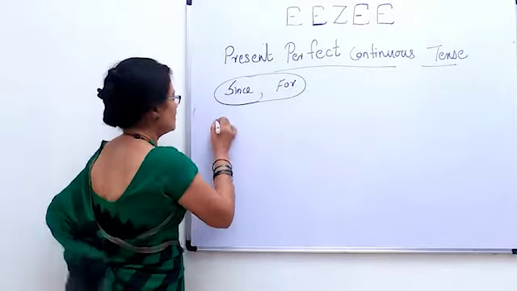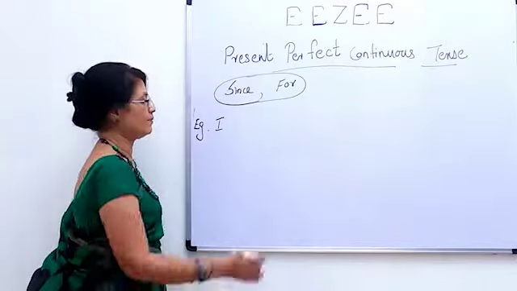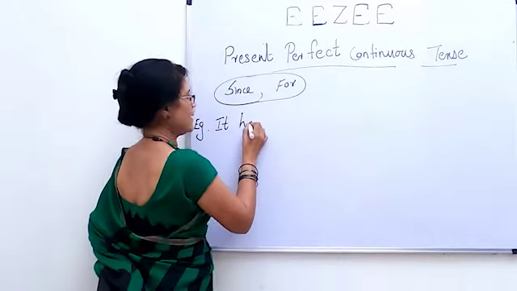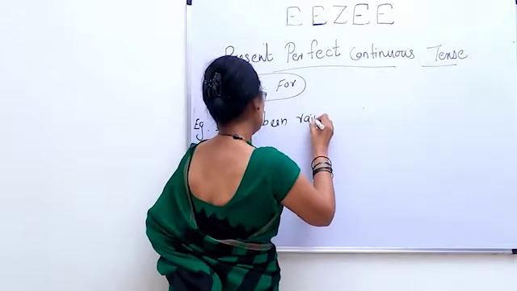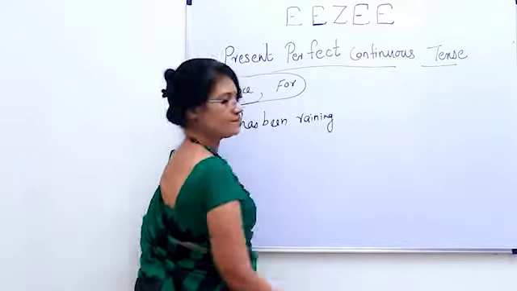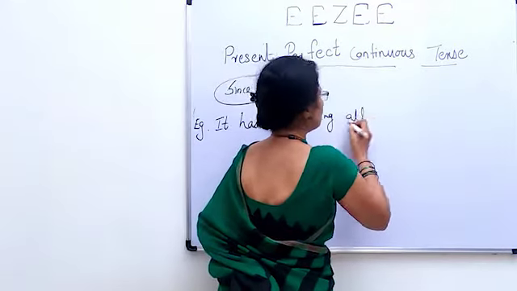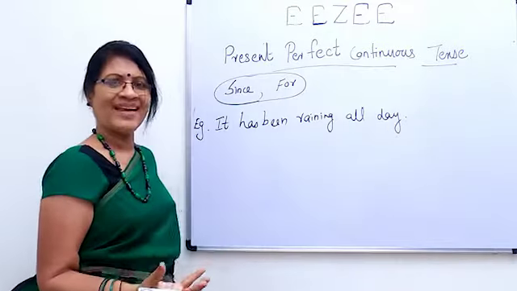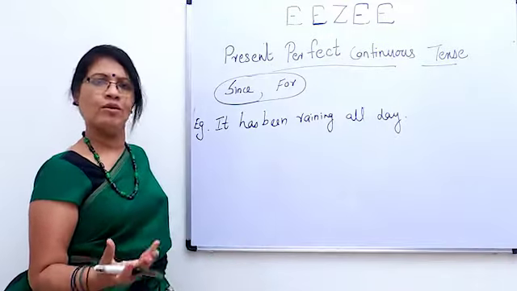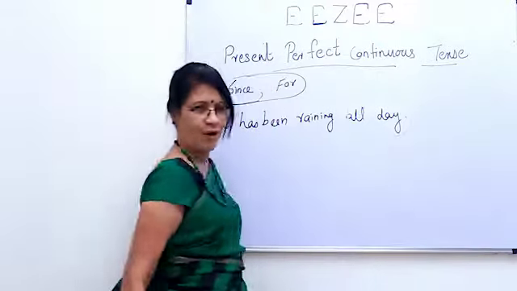Here, see this example. It has been raining all day. See, there is no for, there is no since, nothing. But I used this word all day.